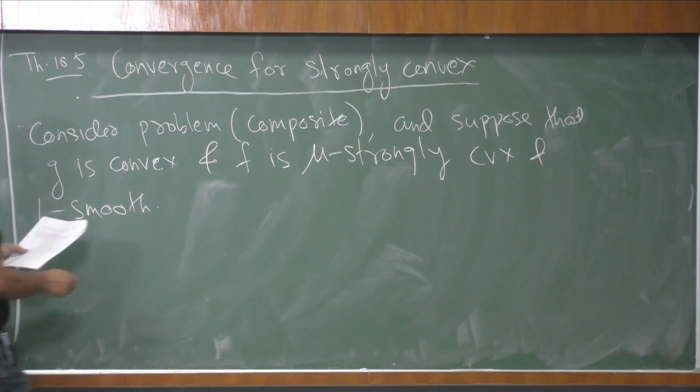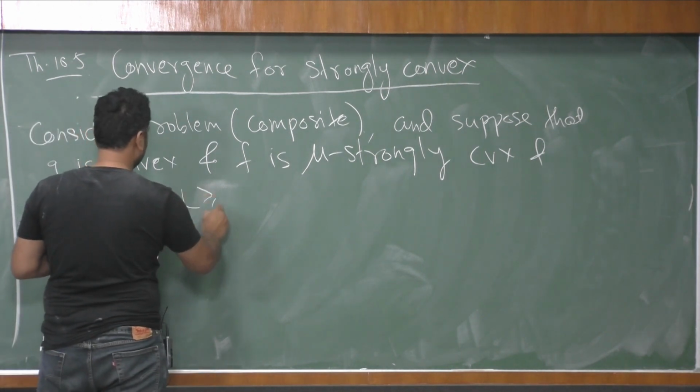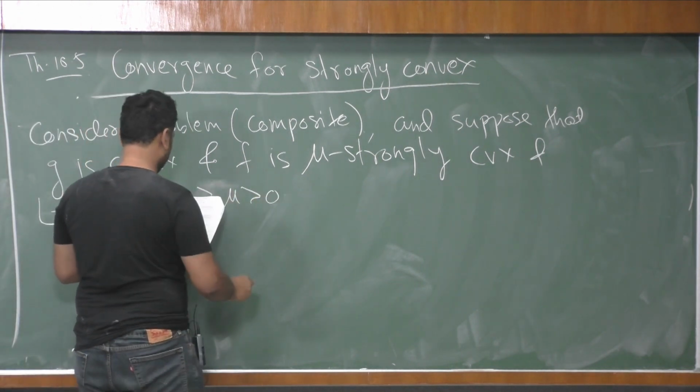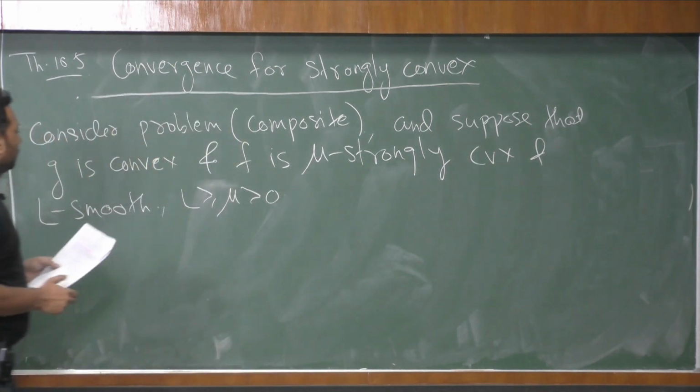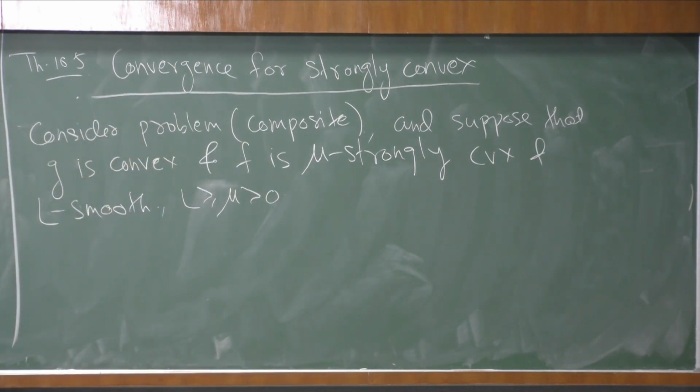And we take L greater than or equal to mu greater than 0. These are the constants that we have, Lipschitz constant and the mu for the mu strongly convex.